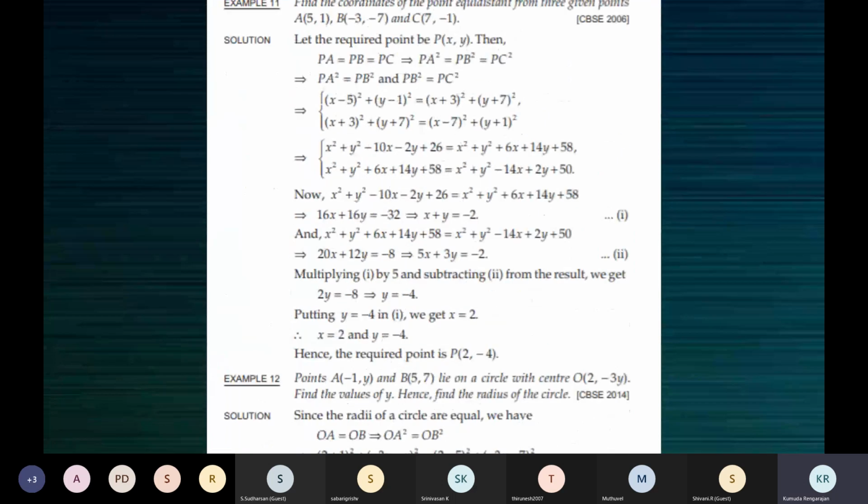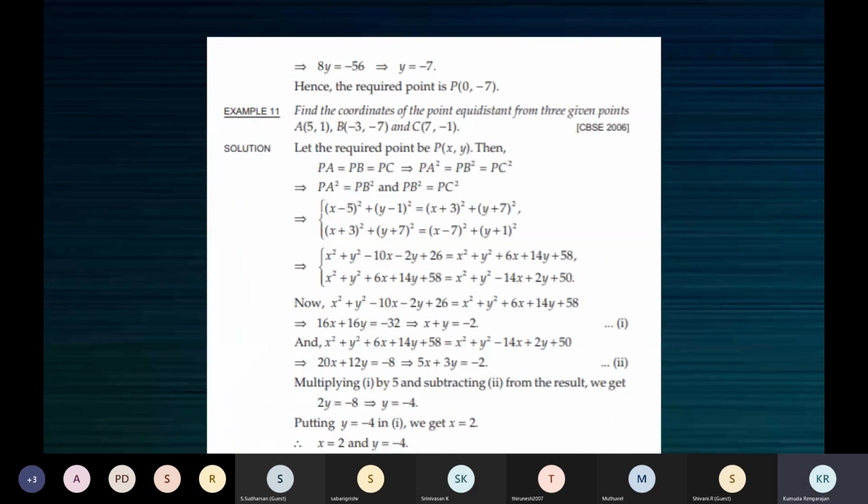Come to the 11th one. Find the coordinates of the point equidistant from 3 given points. So there is one point, and that one point is equidistant from 3 points A, B, and C. It's not given that it lies on the x-axis or y-axis.